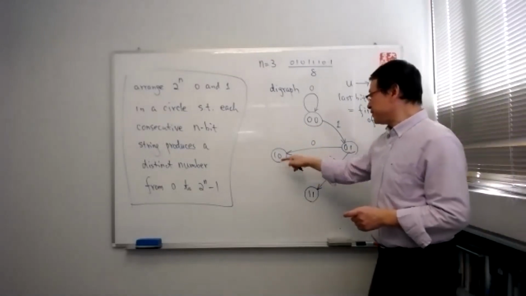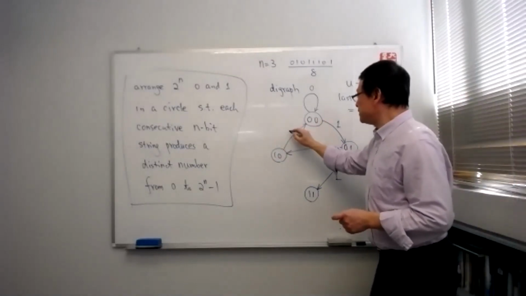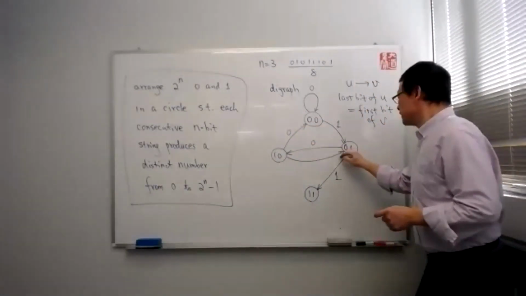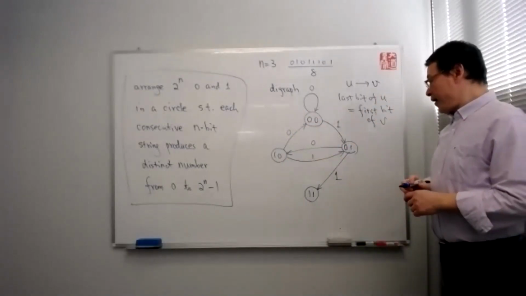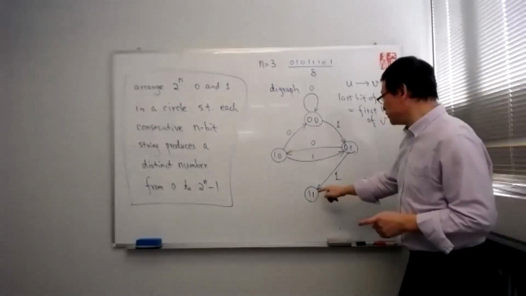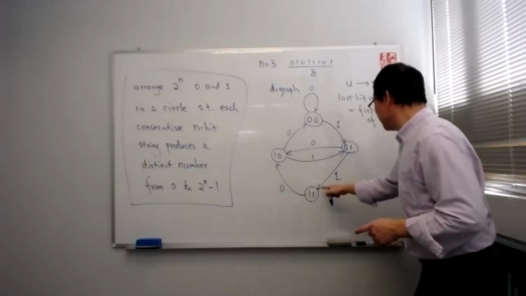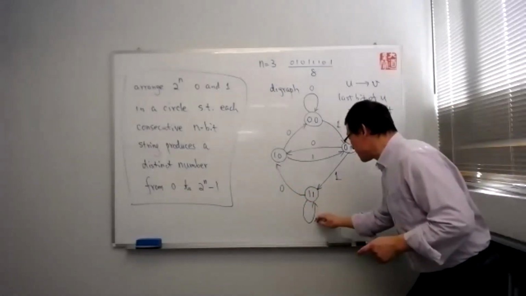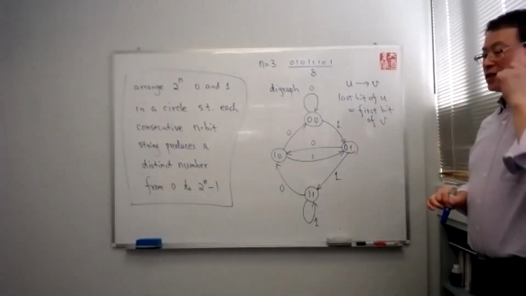Similarly, this one, 1, 0 goes here, labeled by 0, and 1, 0 goes here, labeled by 1. Finally, for this node, 1, 1 goes to 1, 0, labeled by 0, and 1, 1 goes to itself. That's the graph we construct.